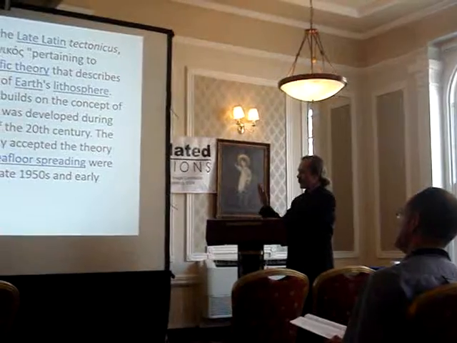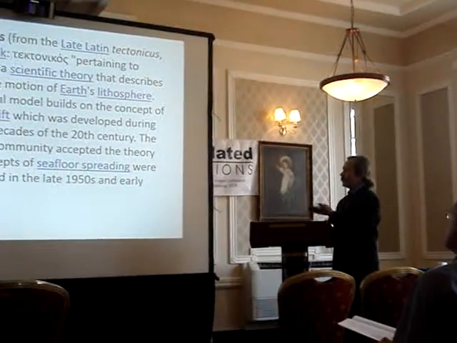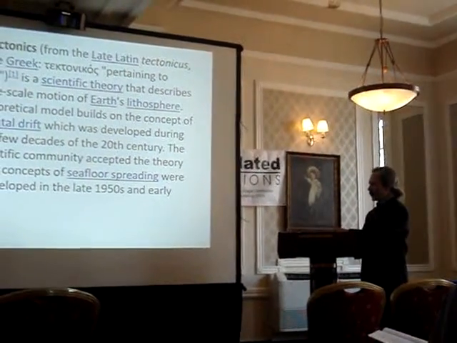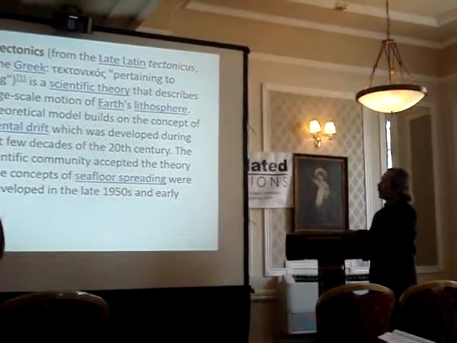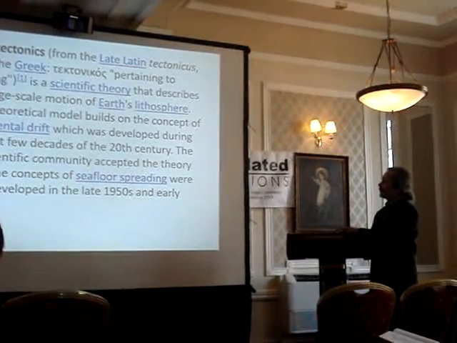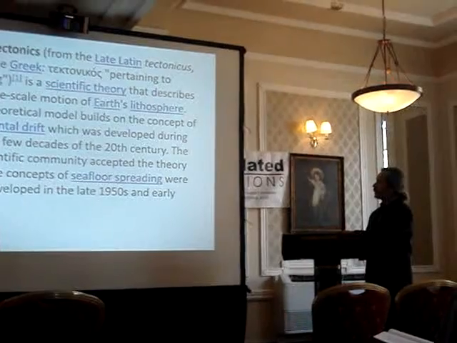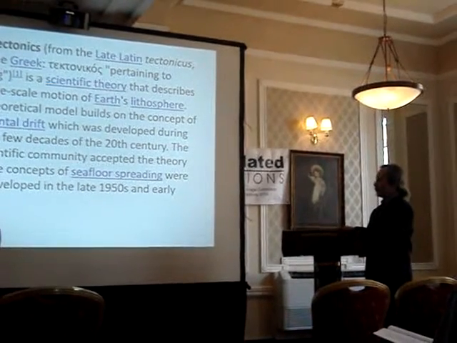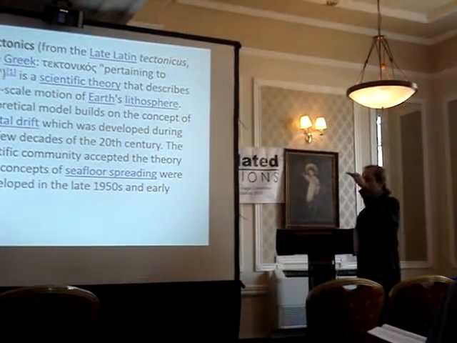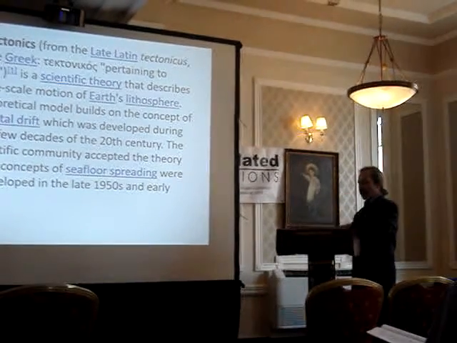Plate tectonics is a subdivision of tectonics or structural geology. It's a scientific theory that describes the large-scale motion of Earth's lithosphere. Lithosphere includes the upper crust and the lower crust, some parts of land.